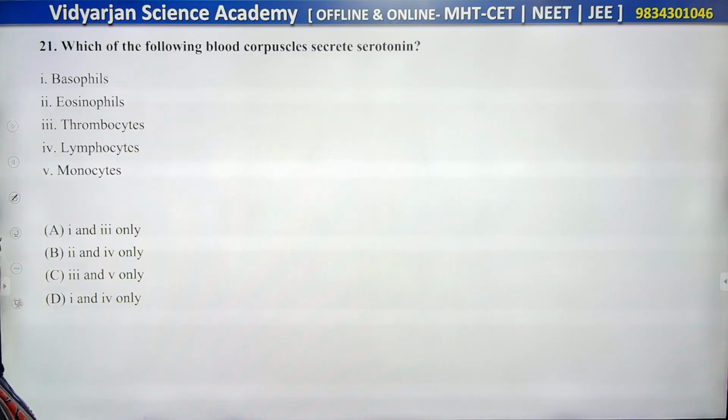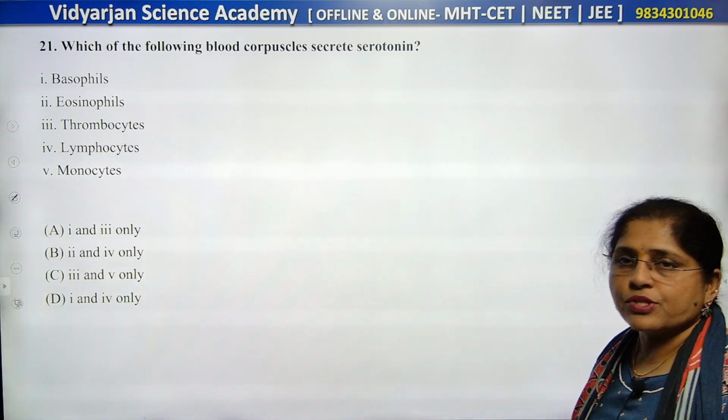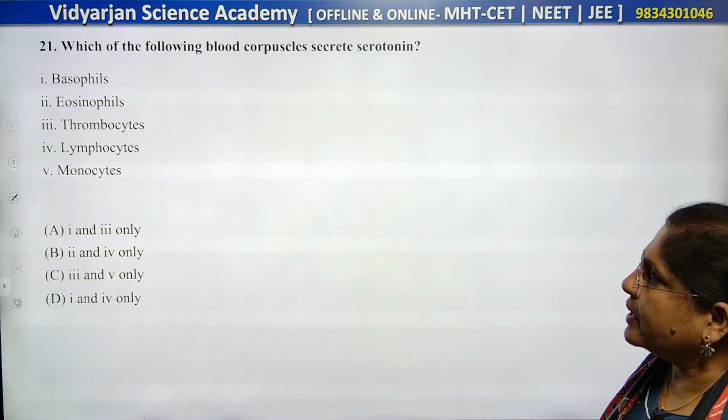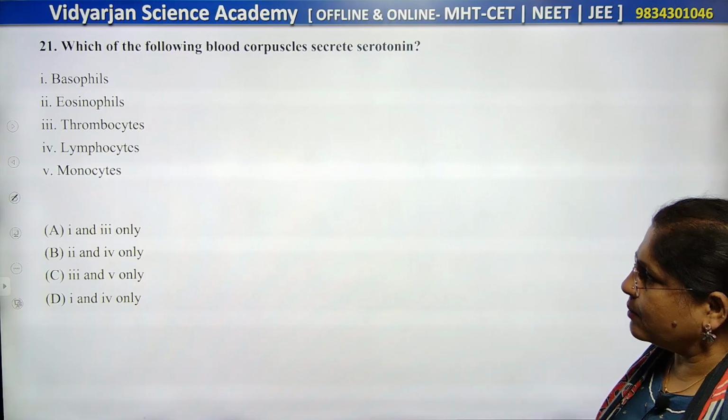Next. Which of the following corpuscles secretes serotonin? See what are the options given. Basophils, eosinophils, thrombocytes, lymphocytes and monocytes.